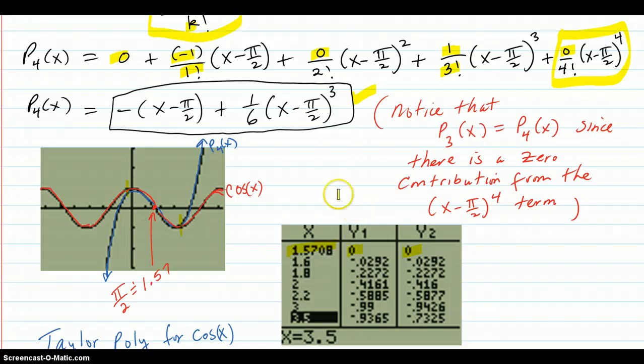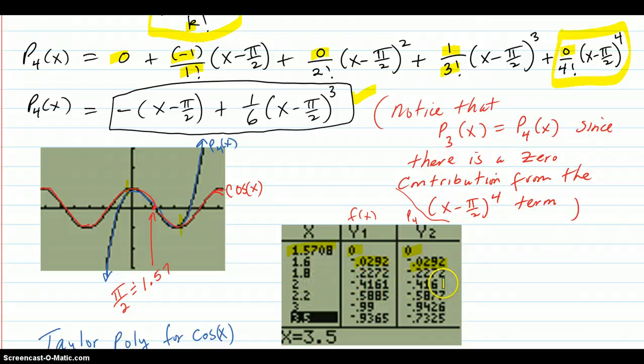Okay, so at pi over 2, the two values: this one's the f over here, and this one is the P4 right there. And so you can see they're pretty well matched up, but there is divergence even as soon as you get away from pi over 2. There is some, it just doesn't show the 4 places. So the approximation is doing pretty well.